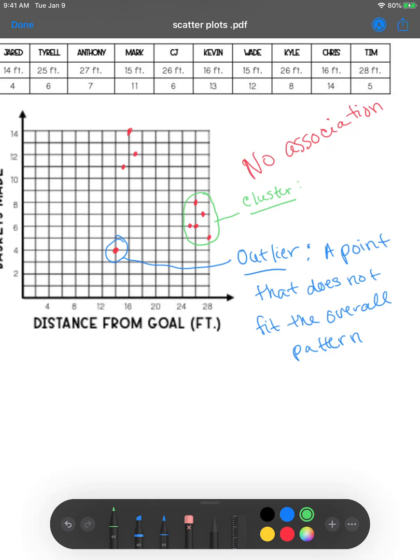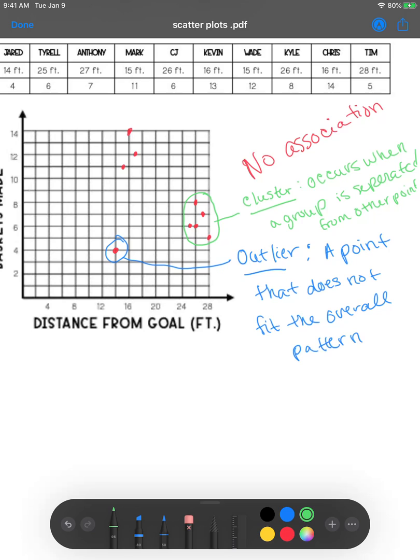A cluster occurs in a scatter plot when a group is separated from other points. So they're kind of grouped together. So this would be a cluster. This is an outlier because it's away from everything.